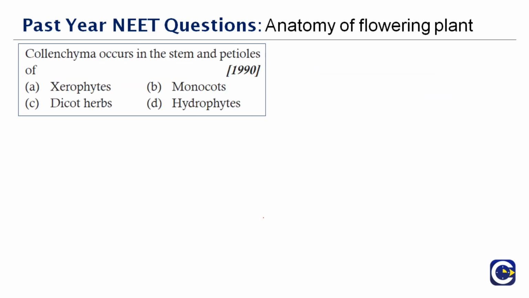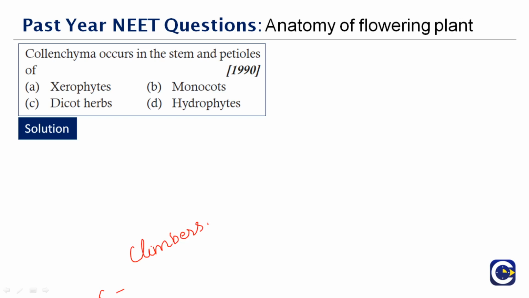Okay, next one. Collenchyma occurs in the stem and petioles of dash. Collenchyma, again we've discussed it. Collenchyma provides mechanical strength. We already saw it, and we also gave the example of climbers, especially climbers, because they need mechanical strength.